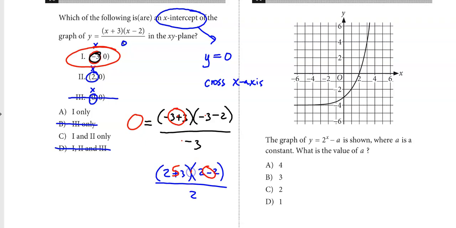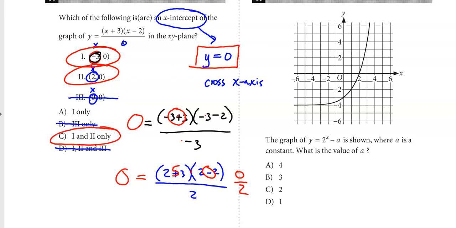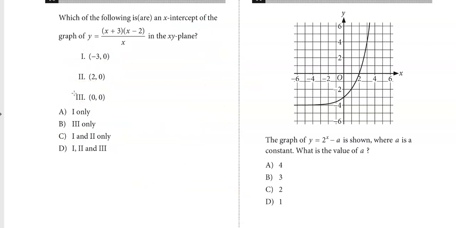And 5 times 0 is going to be 0 divided by 2, which again is going to give me this 0 value, which means I'm an x-intercept. So it looks like both of these would give me a y value of 0. So the correct answer here is C. Let's be careful. Remember, you can never divide by 0. So that's why the third choice did not work. Kind of a common thing that they'll test on there.